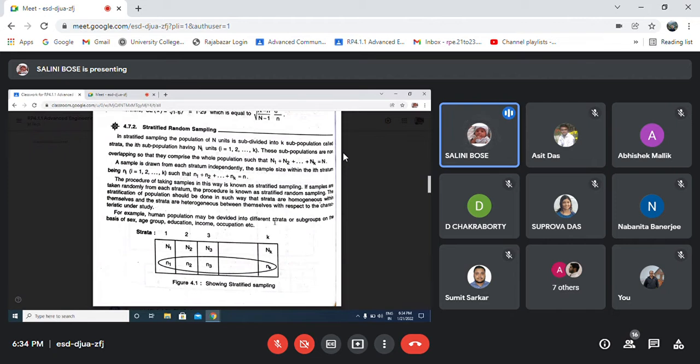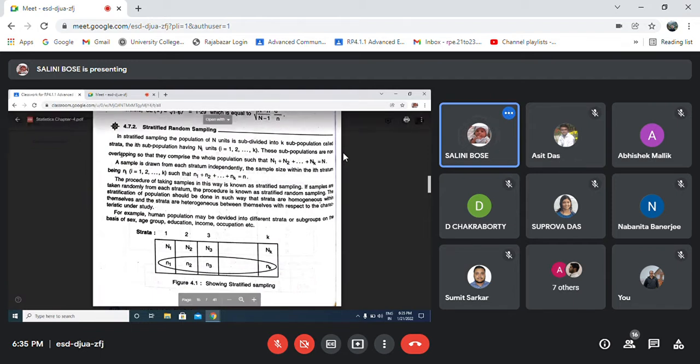Clear? And remember, your population must be subdivided such that N1 plus N2 plus N3 and so on must be equal to the total population, that is capital N.